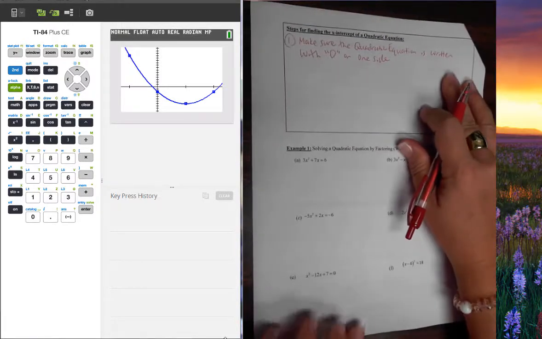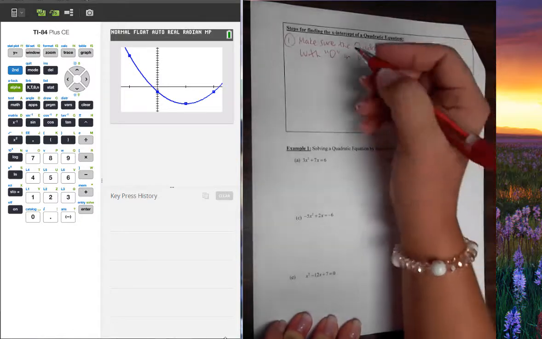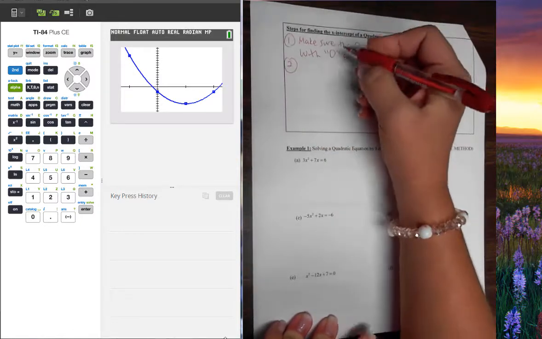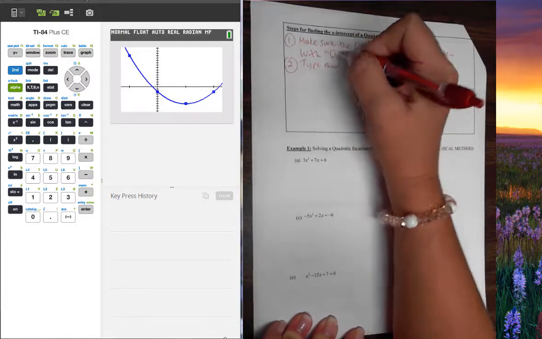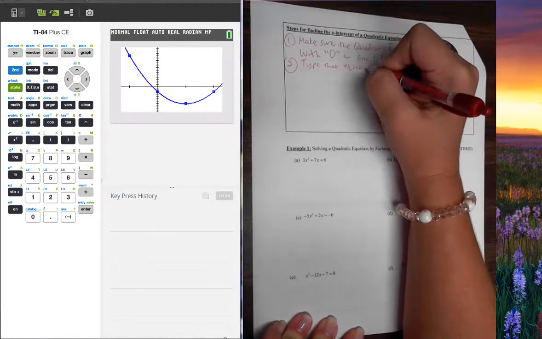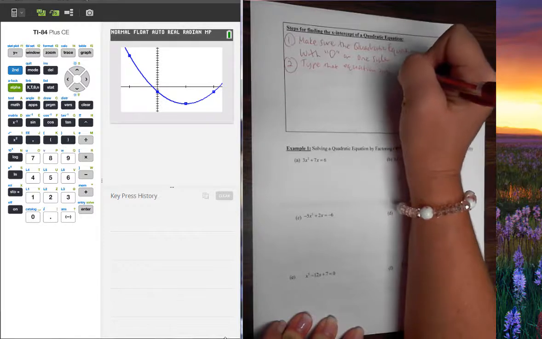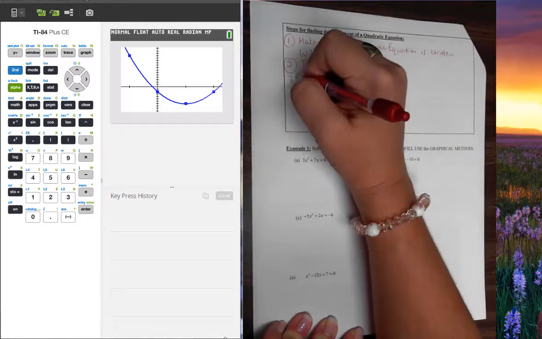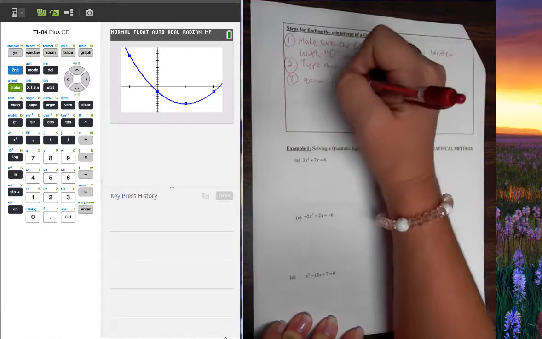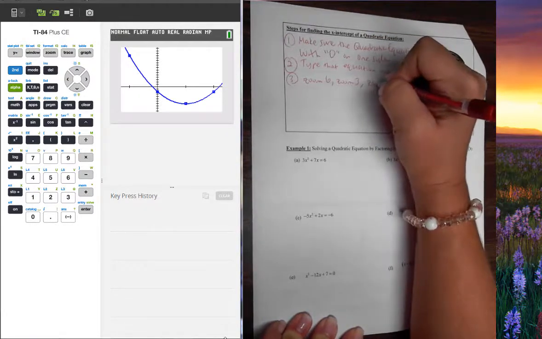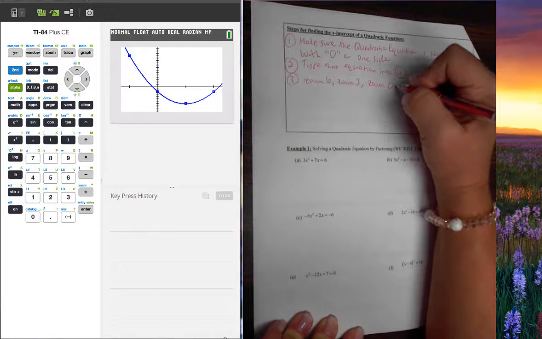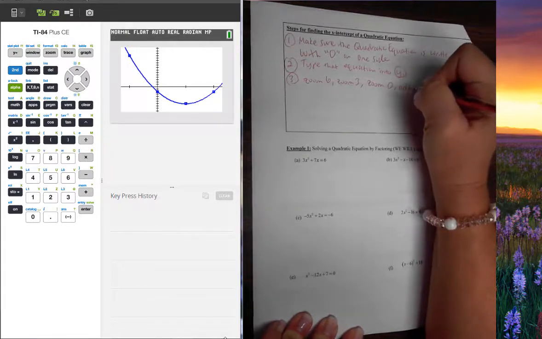Make sure the quadratic equation is written with 0 on one side. You're going to type that equation into y1. Then you need to get a good graph. Remember, we do zoom 6, zoom 3, zoom 0. That's the fit. You may have to just do an adjustment. Adjust the window.